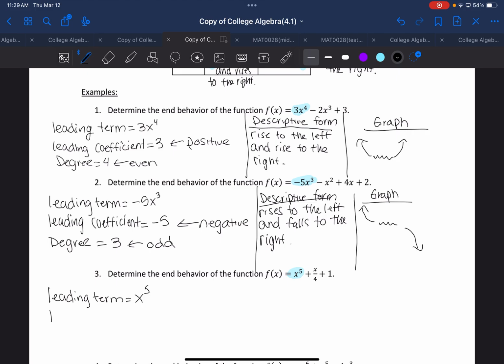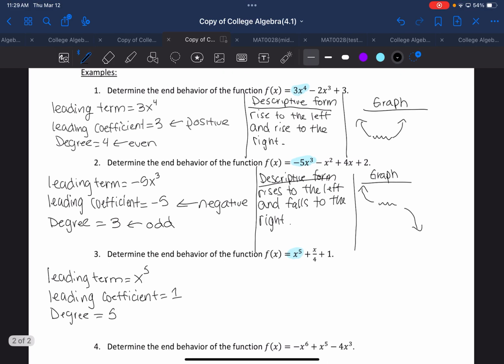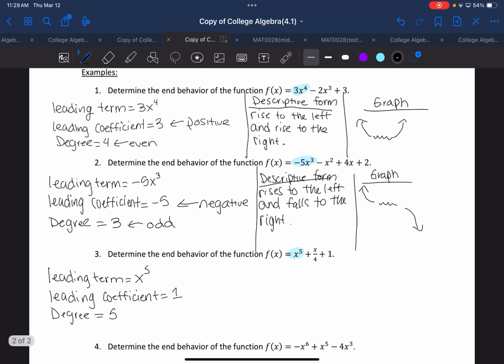What's my leading coefficient? 1. And then my degree is 5. So my degree is odd, and my leading coefficient is positive.